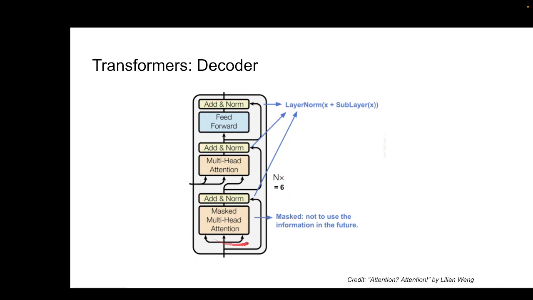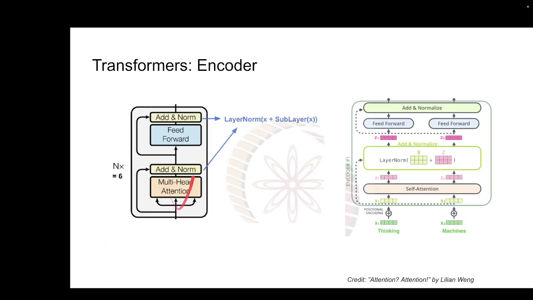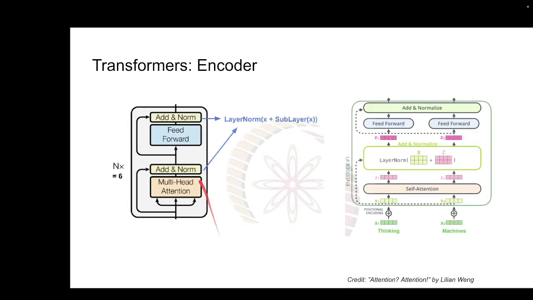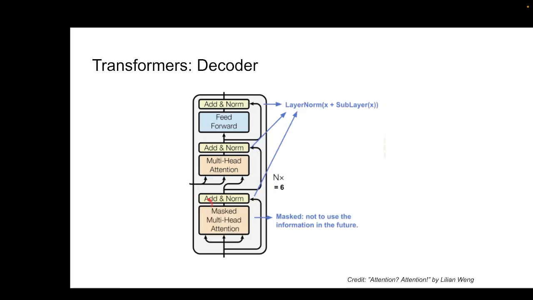This entire thing is a block which we call the decoder block, and similarly this is an encoder block. This decoder block is repeated 6 times, but inside it, previously there was a multi head attention, and here we have a masked multi head attention.